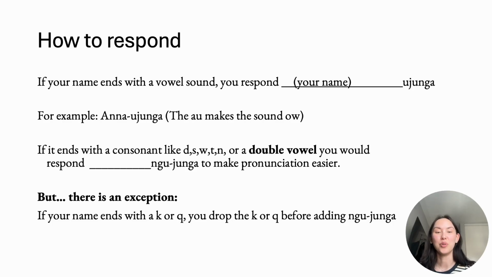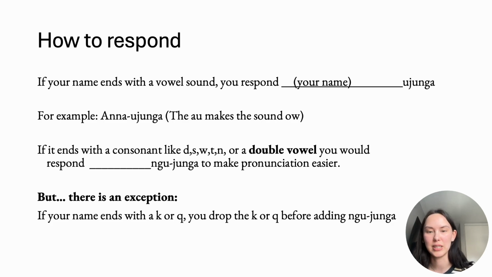Another example with a consonant sound. I'm trying to think of a consonant name. It's hard on the spot. We could say Chris. So we wouldn't say Chrisu yunga. We would say Chris ngu yunga, because it ends in a consonant sound.